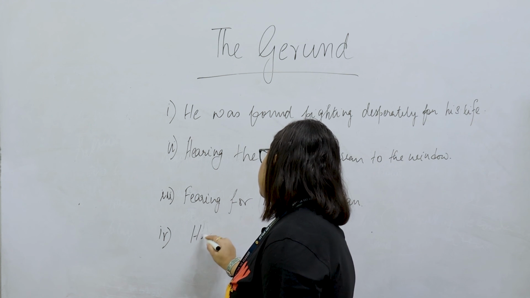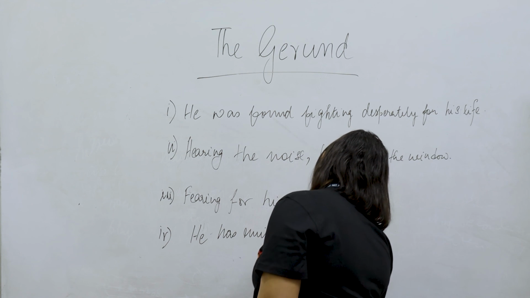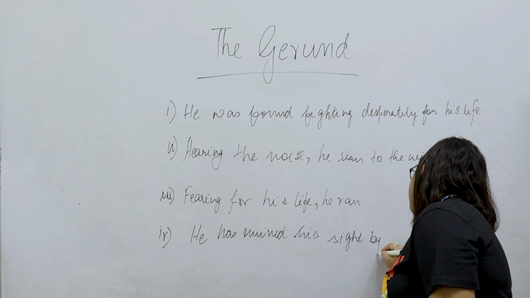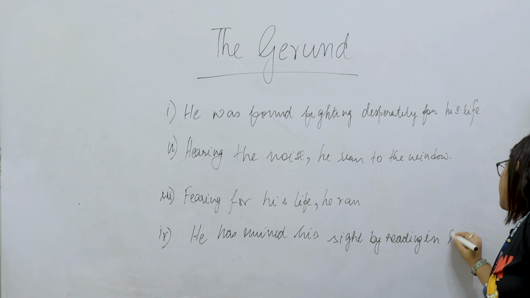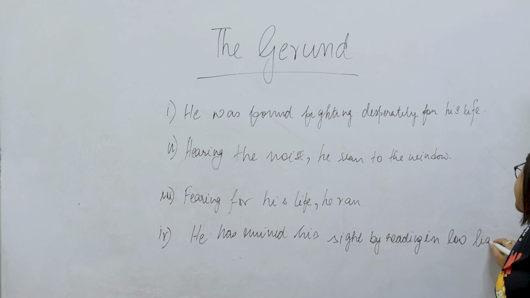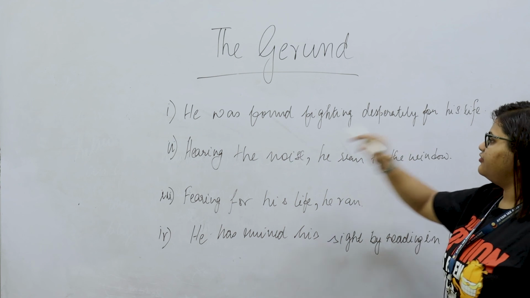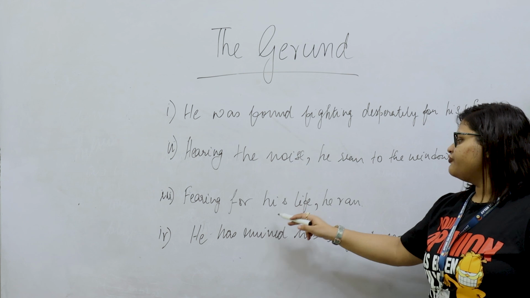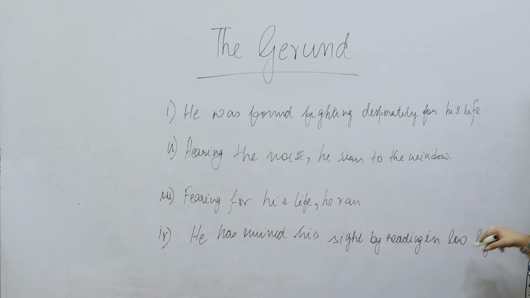He has ruined his sight by reading in low lights. So these are a few sentences which I'll repeat once more. He was found fighting desperately for his life. Hearing the noise, he ran to the window. Fearing for his life, he ran. He has ruined his sight by reading in low light.